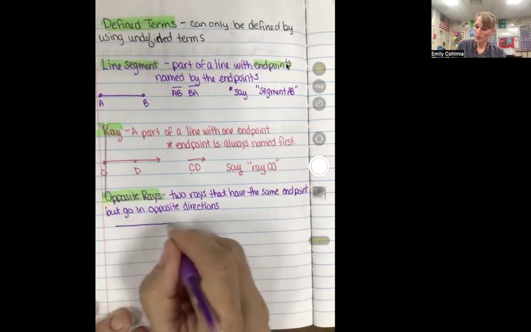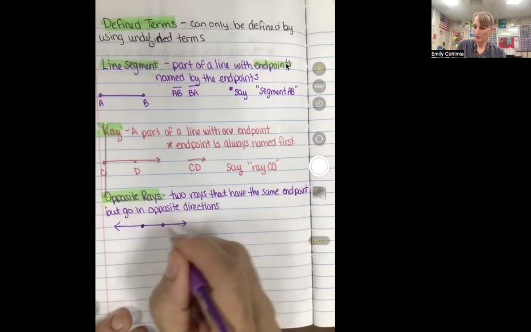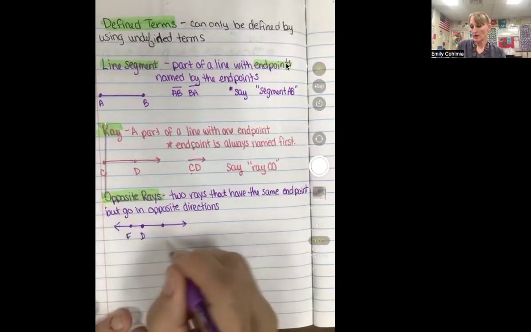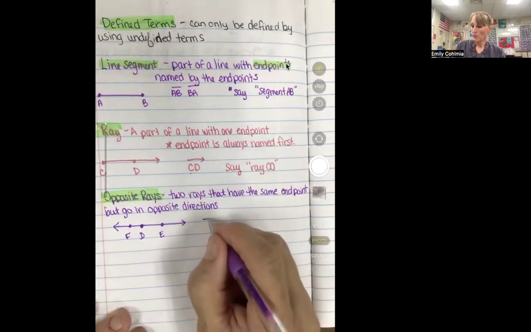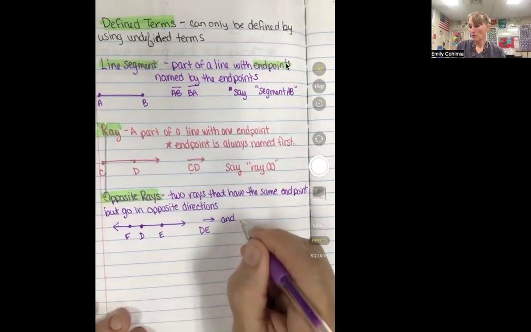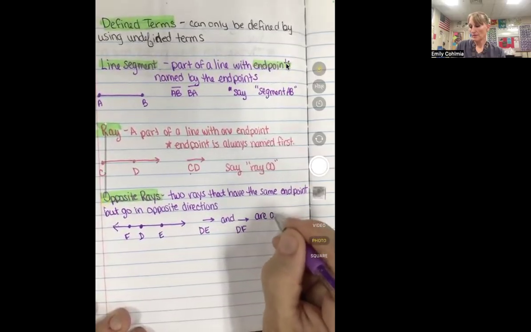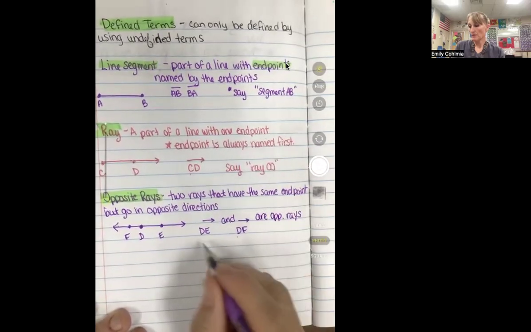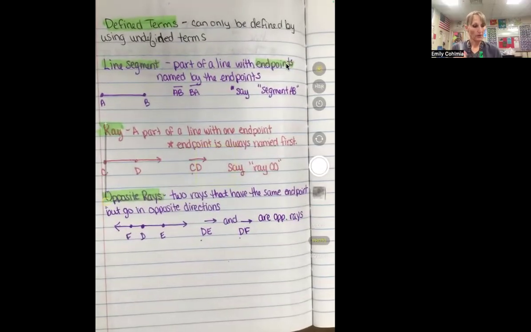A lot of people notice that, yes, opposite rays will create a line. So let's say this is D, that one's F, that point is E. We can say that ray DE and ray DF are opposite rays. Notice that the D is the endpoint for both, and endpoints are always first.